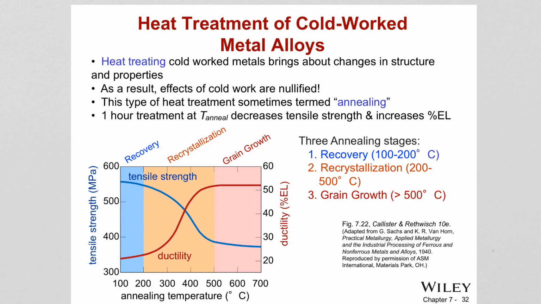Heat treatment of cold worked alloys. Think about it this way. We just learned that cold working a sample makes it get stronger and stronger. So how can you keep working on the sample if it's getting stronger and stronger?